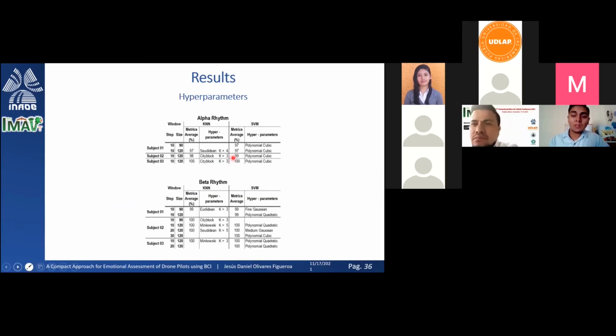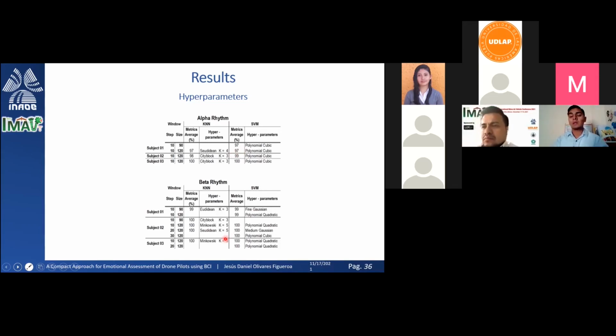The table shows the best results and the hyperparameters calculated in both classifiers for the alpha and for the beta rhythms. We observed that for the KNN classifier, the best results are obtained using 3, 4, and 5 nearest neighbors.